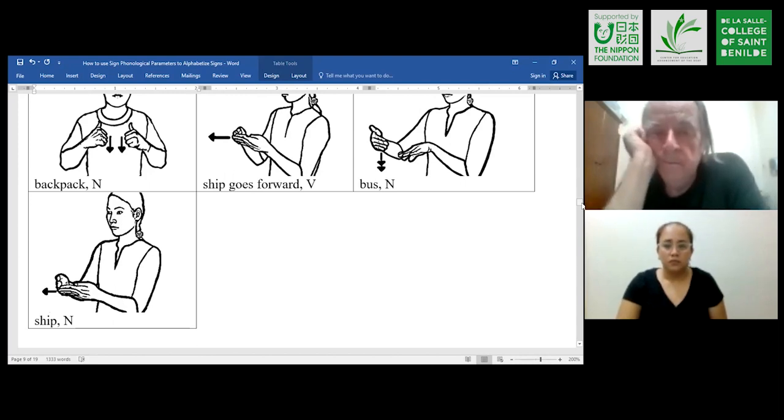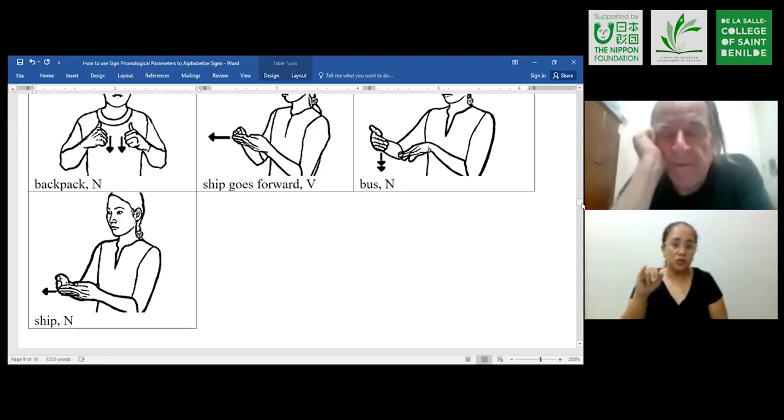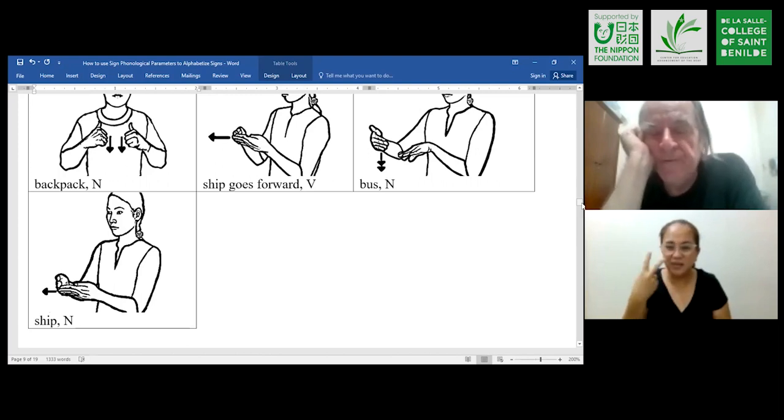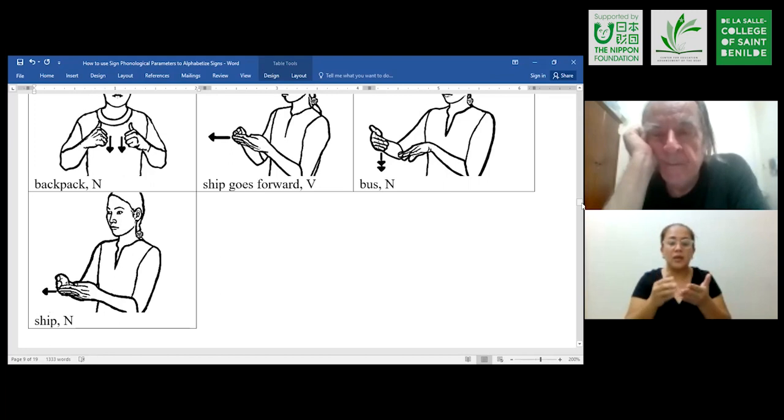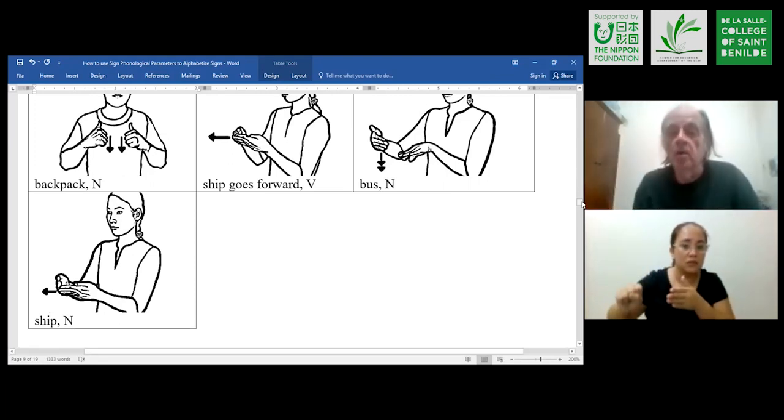Everyone is signing some form of ship. Okay, ship. And so the ship, we don't know yet. We haven't looked, but anyway, ship goes forward, okay, and then ship, and then bus. Right?